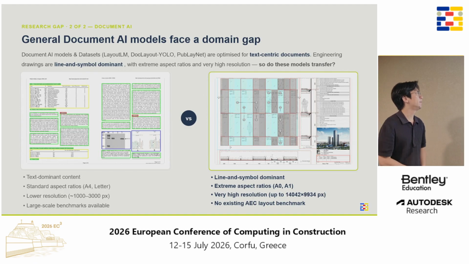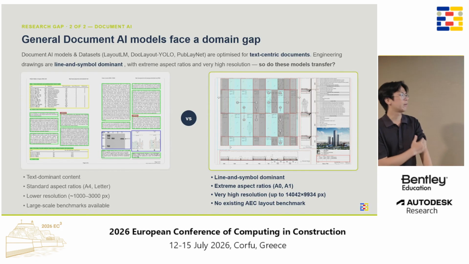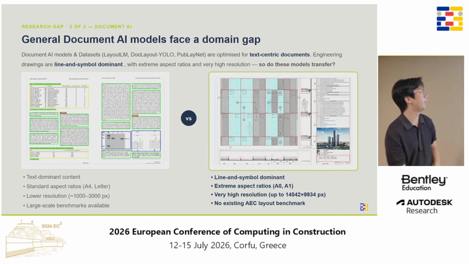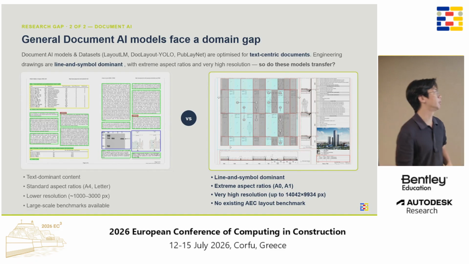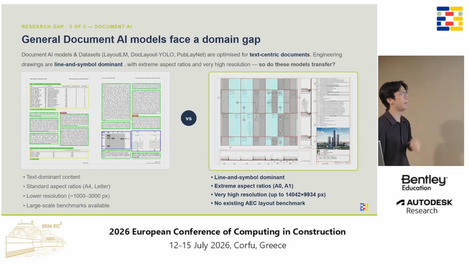The second gap is general document AI versus engineering drawing documents. Doing the literature review, we've spotted quite a lot of general document AI models and datasets. Some famous ones like LayoutLM, LayoutYOLO, and some very famous datasets like PubLayNet.